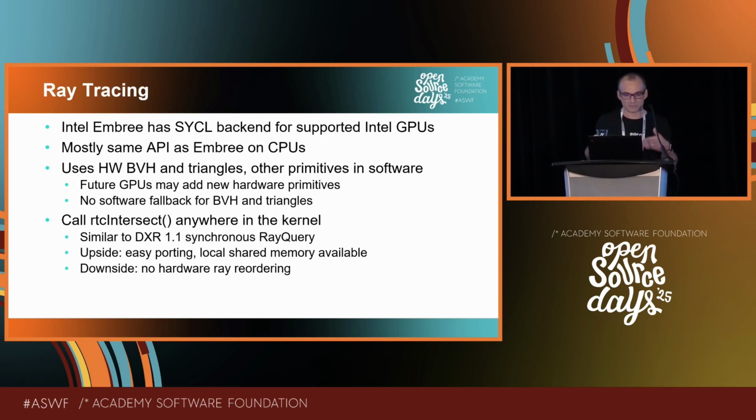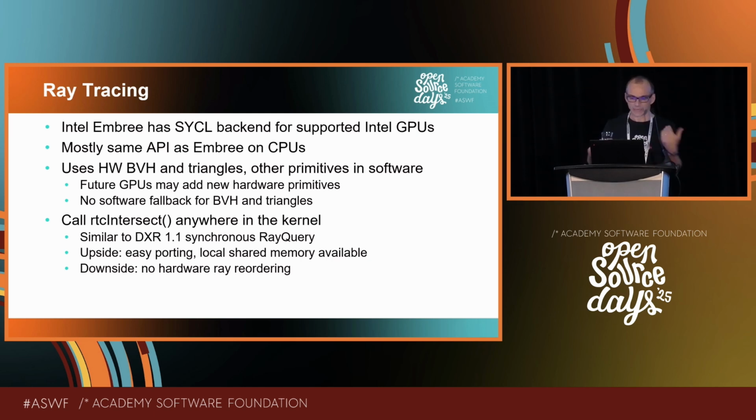A bit of the missing part that we have is hardware ray tracing support. On Intel, we can do hardware ray tracing because the Embree library just ships with SYCL headers and a SYCL implementation, and you can use basically the same API as you have on the CPU already. Then you get hardware accelerated instances, BVHs and triangles, and the rest is in software using pretty much the same source code as the CPU implementation.